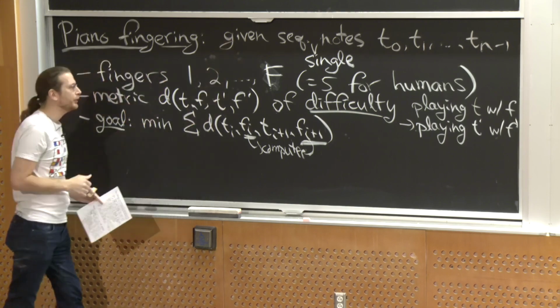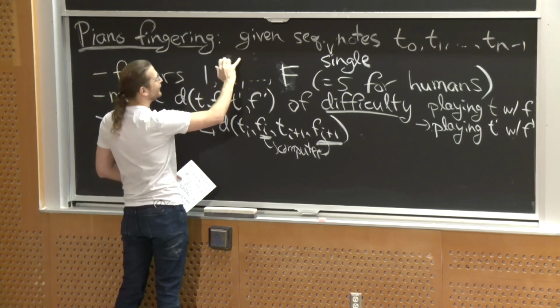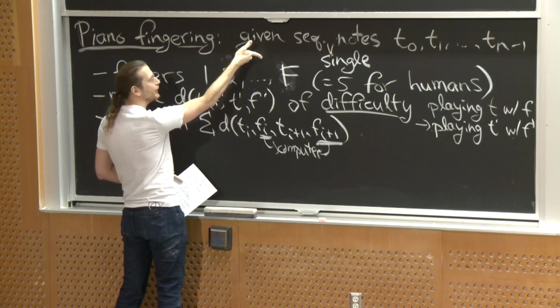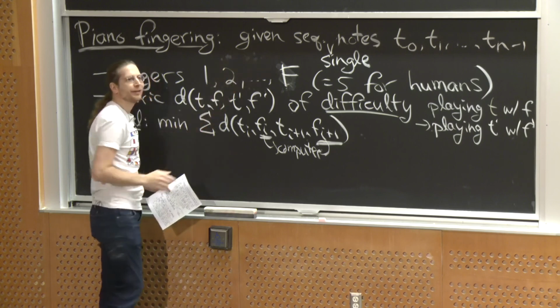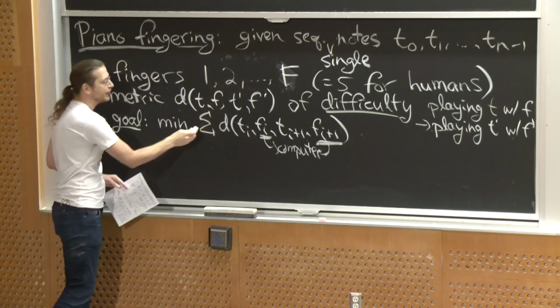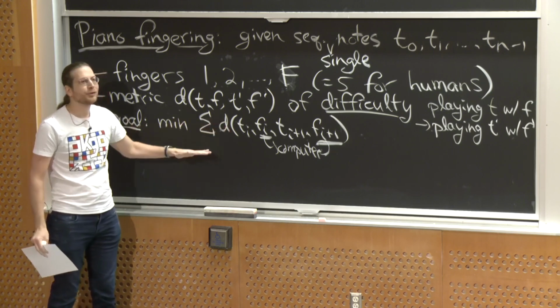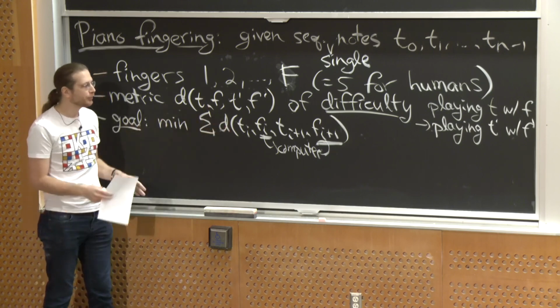You don't want to go like I was doing from a high numbered finger to a low numbered finger to play a note on the right. That's annoying. So I'd like to do an assignment, if I can, that avoids that. So I'll just have some penalty of like 100 if that happens and 0 if it doesn't happen. Sum up a bunch of terms like that.